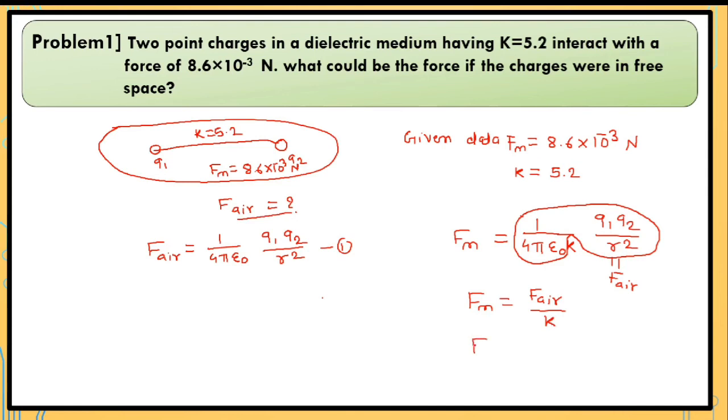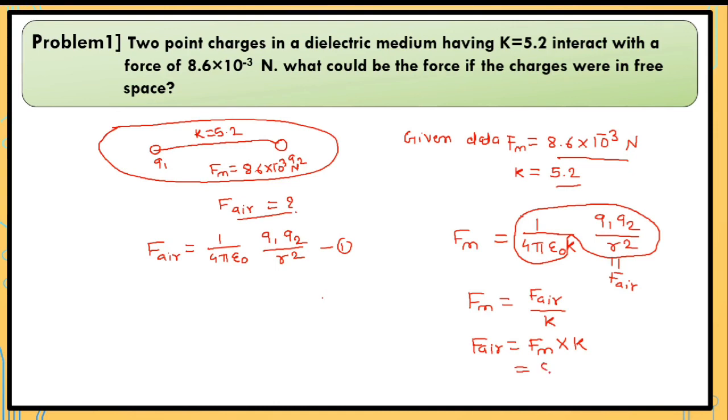So force in air is equal to force in material medium multiplied by K. The force in material medium is already given, and the K value is also given.